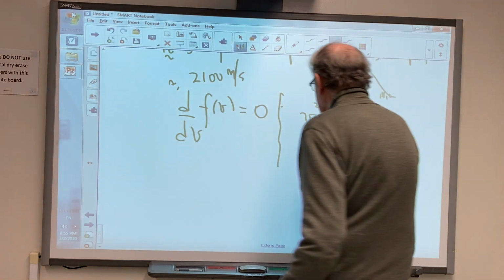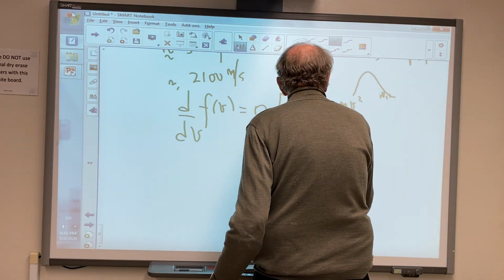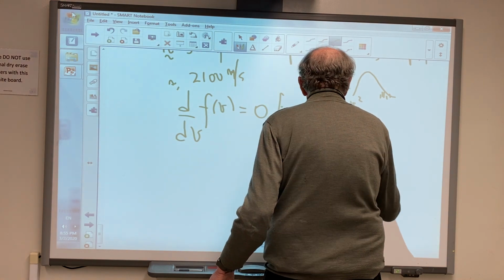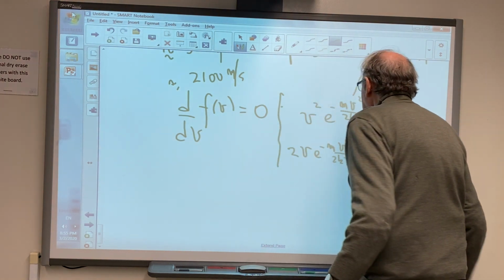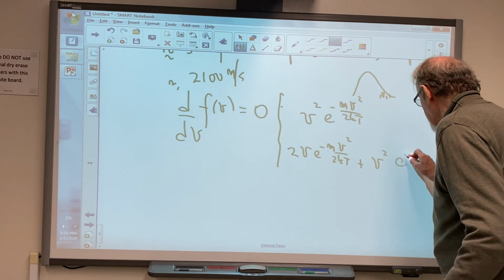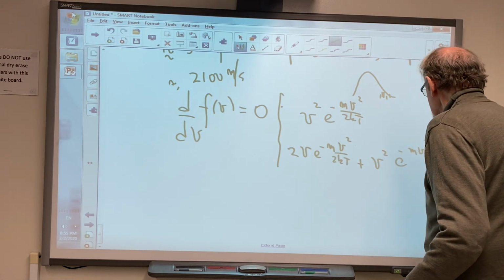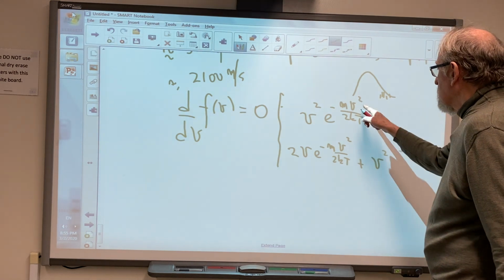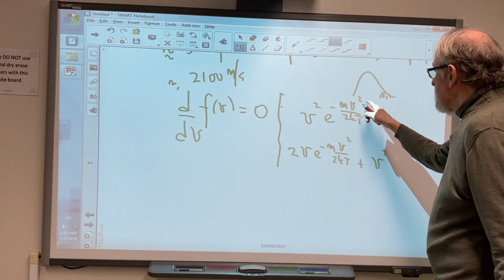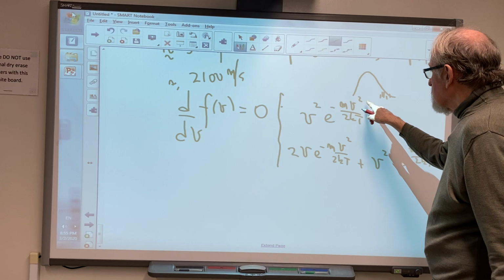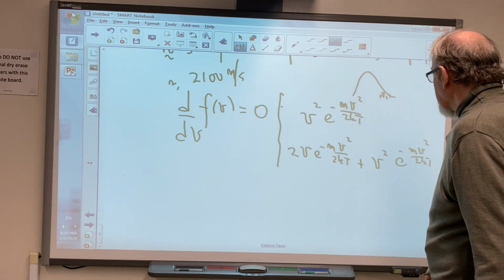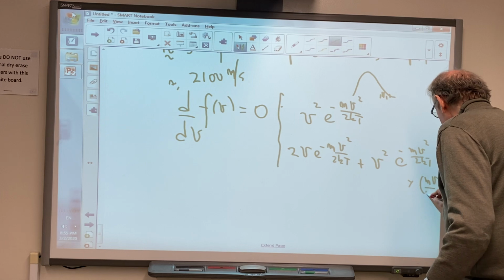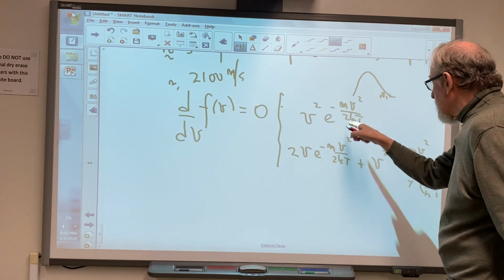So the derivative will be 2v e to the minus m v squared over 2kT plus v squared times the derivative of this, which is the same exponential times mv over kT, because I pull a 2 that cancels that 2.